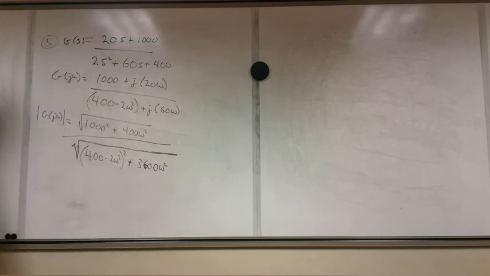We can also put everything under one single radical, and 1,000 squared is 1,000,000 plus 400ω squared, all that fun stuff.